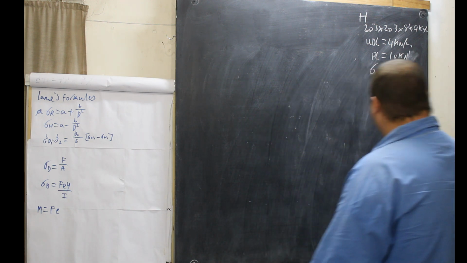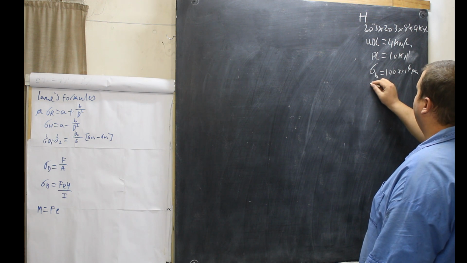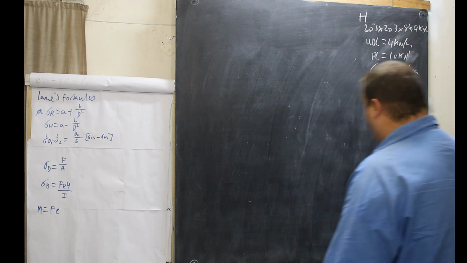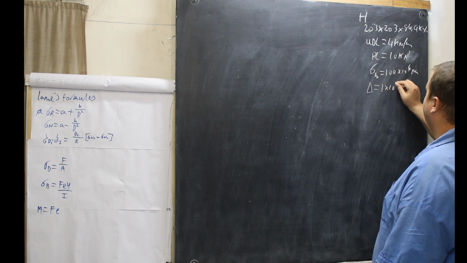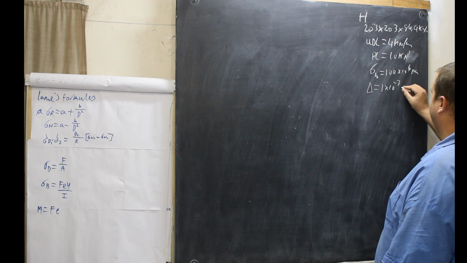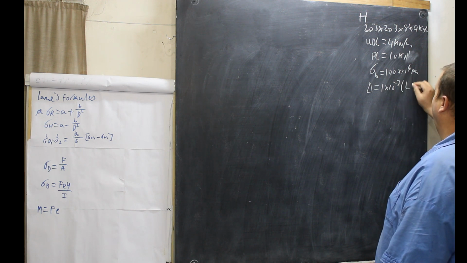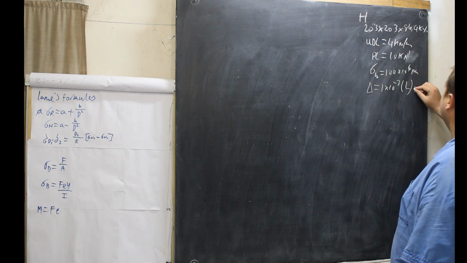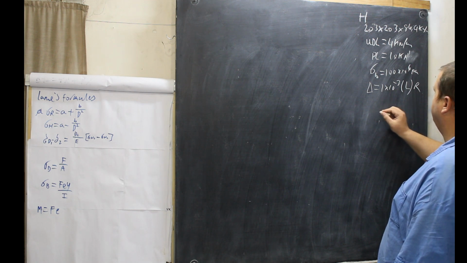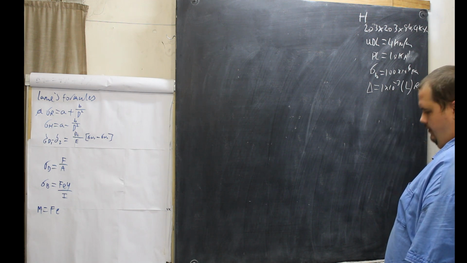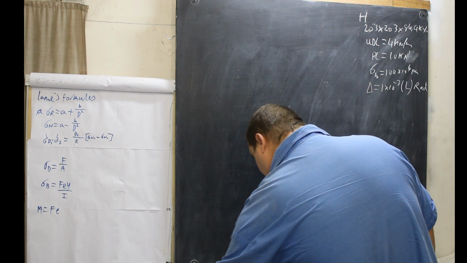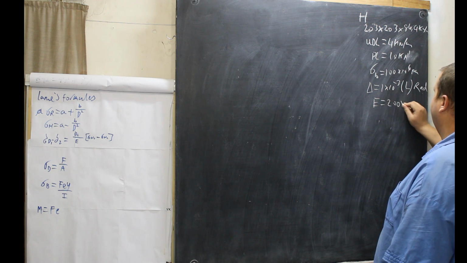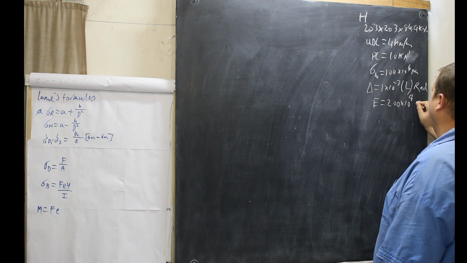And the slope is equal to 1 times 10 to the negative 3 per length, radians, and finally our E equals 200 times 10 to the 9 pascals.